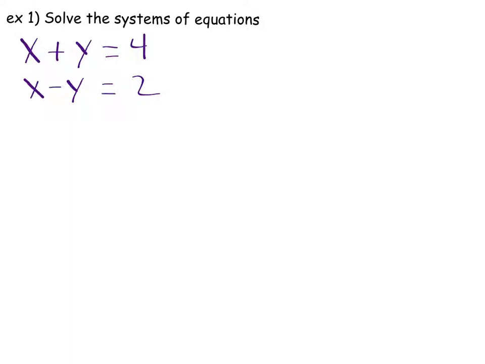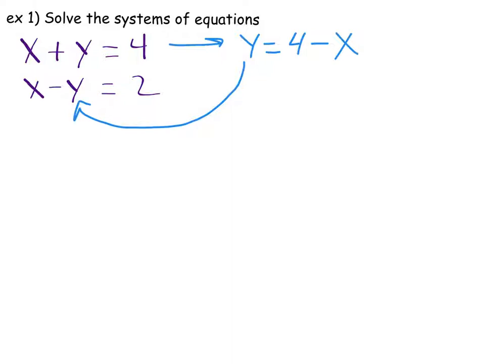All right, so the very first thing I'm going to do is subtract x from both sides, so this first equation would be y equals 4 minus x. Okay? And now, here's where the technique really gets its name. I have a y here, and I have a y there.